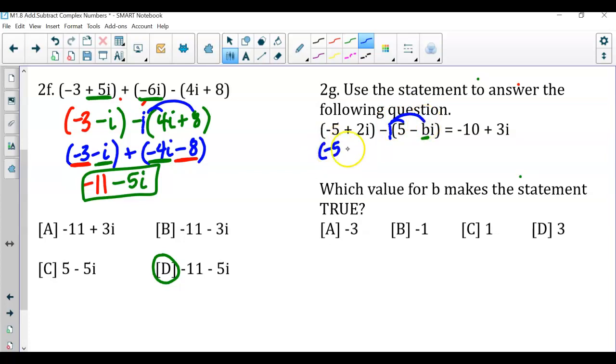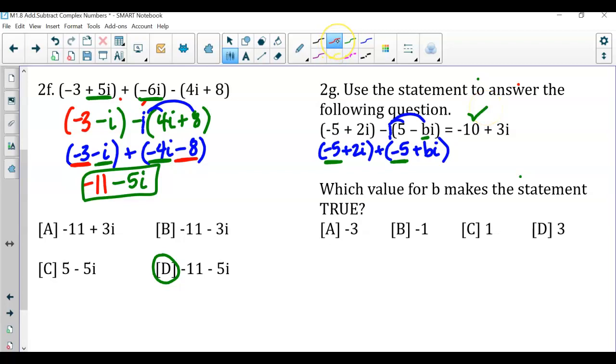So I'm going to bring down my negative 5 plus 2i. Now we're going to rewrite this as adding negative 5 plus bi, right? So now notice when we add our like terms, negative 5 plus negative 5 is negative 10.